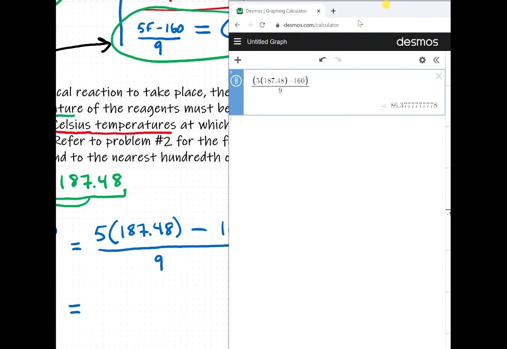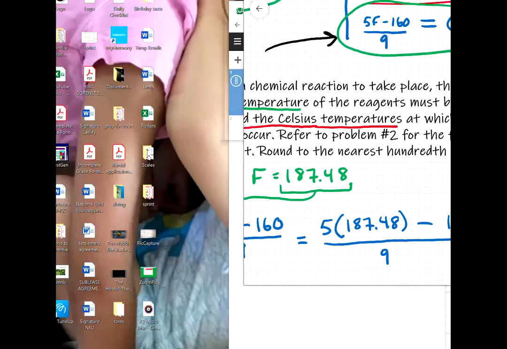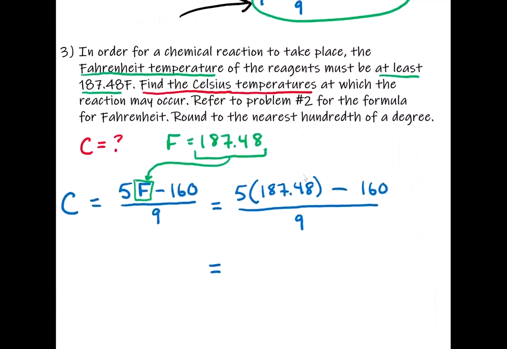And if I bring this over, we see that once we plug in 187.48 for the variable F, we get 86.37 with the 7s repeating. And since we're rounding that to the nearest hundredth, okay, let's center this.